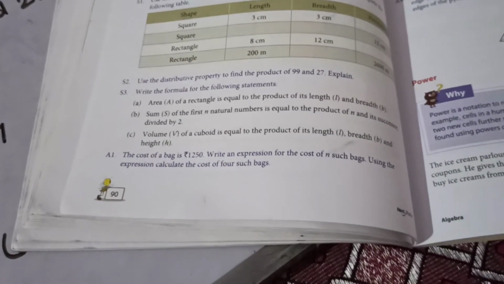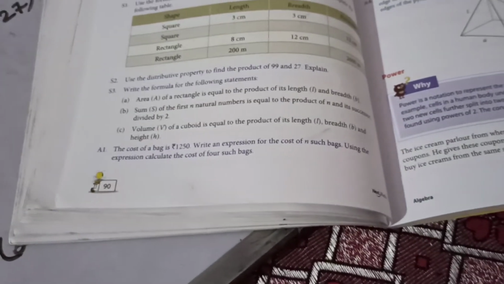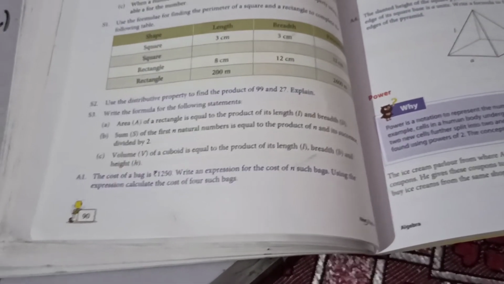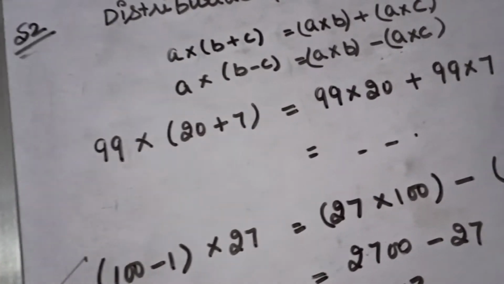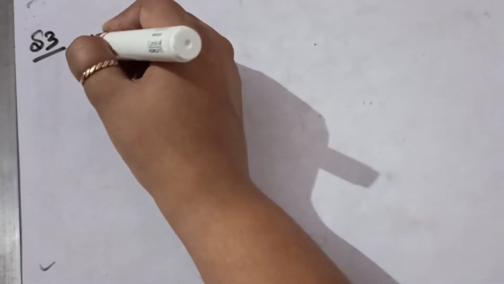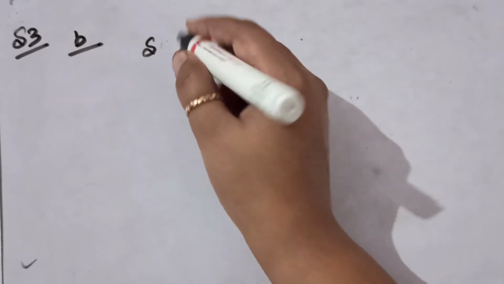So in this statement, see, the sum of the first natural numbers, it is given here as S. B part, here sum S is given.